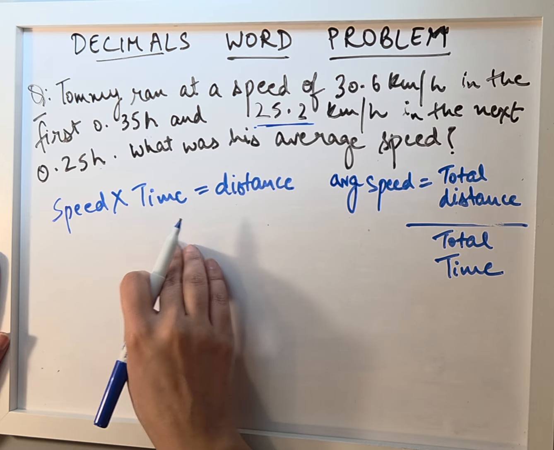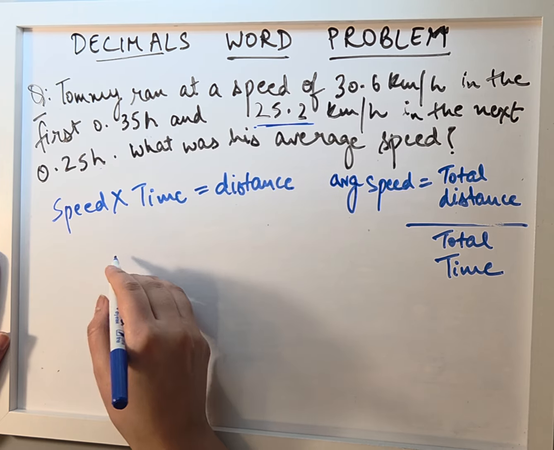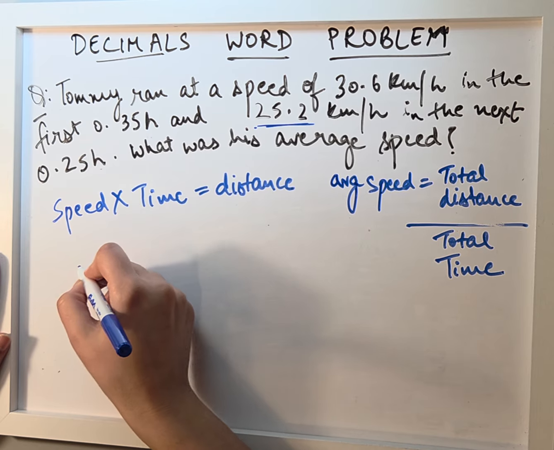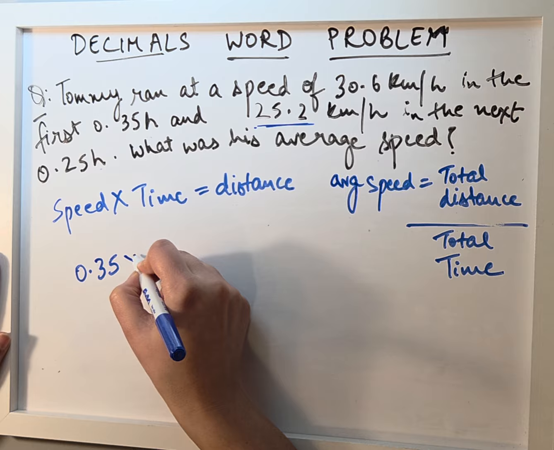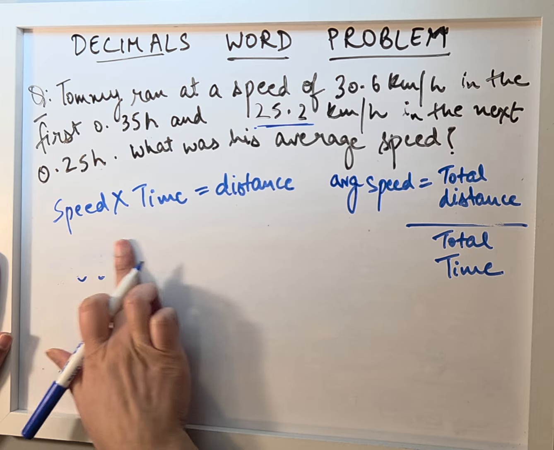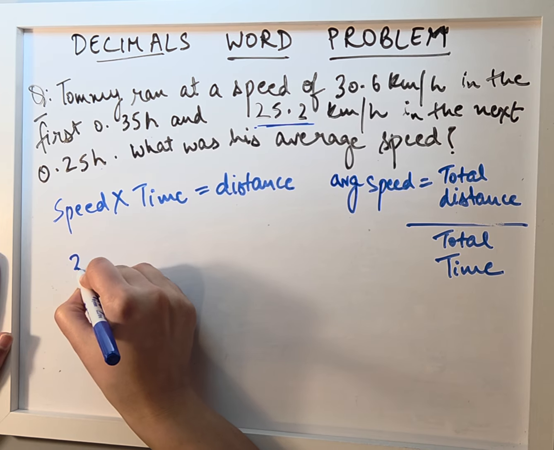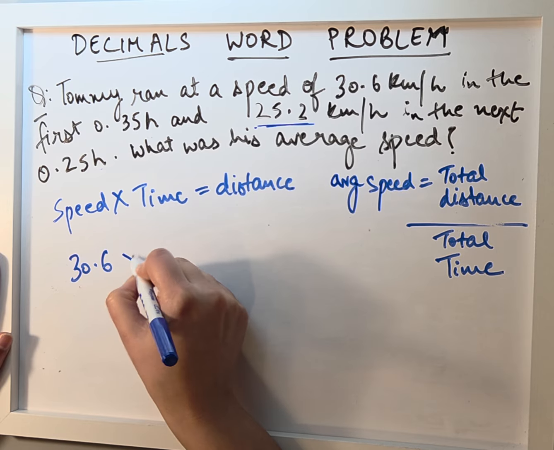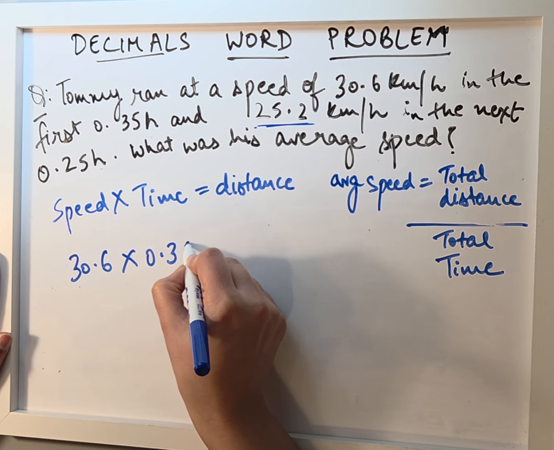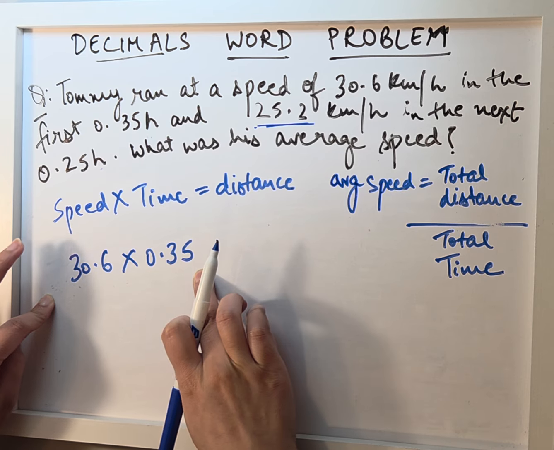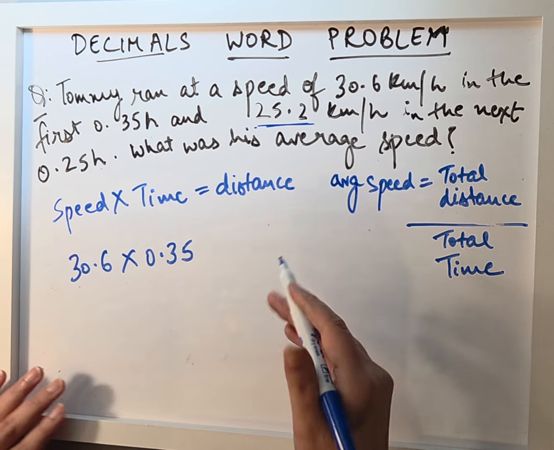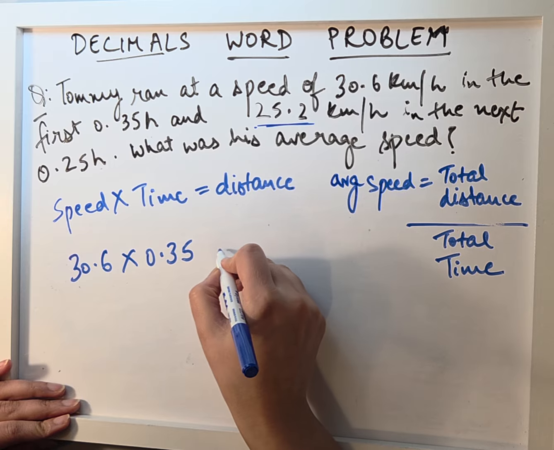So for the first part, the distance is speed, which was 30.6, and time was 0.35. So this is the distance it covered, plus what is the other distance it covered?